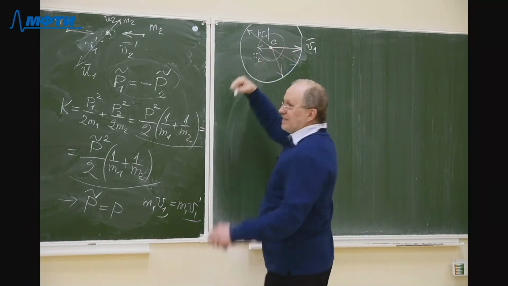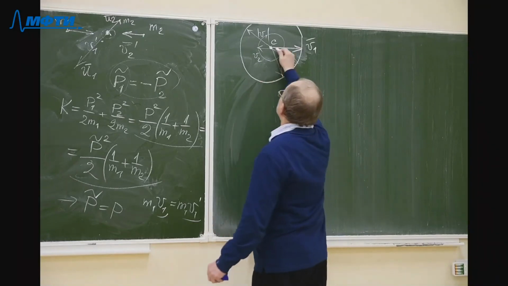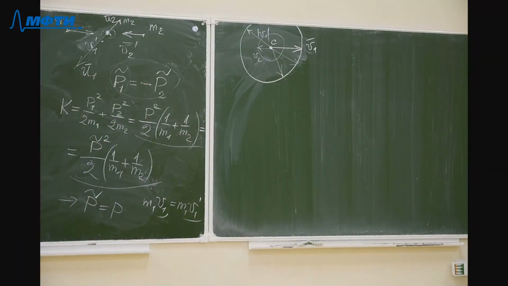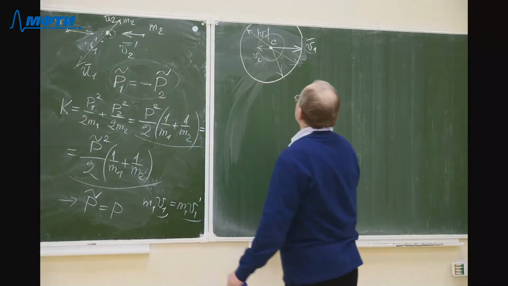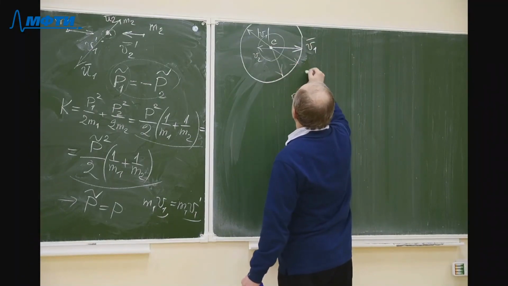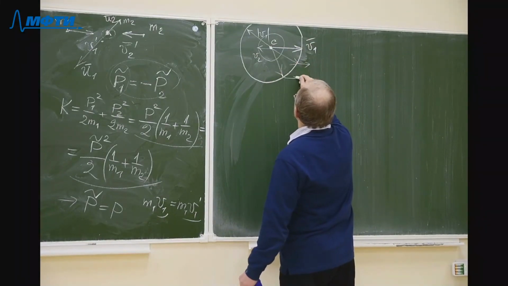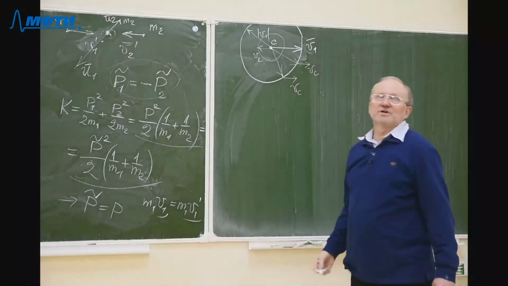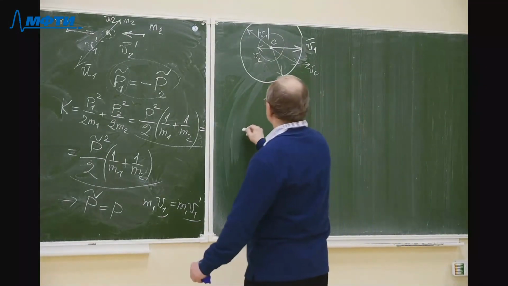Because the center of mass in the laboratory reference frame was moving, here it is shown, the center of mass is moving with velocity VC. So if I return to the laboratory reference frame, this point will be moving, and each vector will be added to the velocity of the center of mass in order to return to the laboratory reference frame. What will happen then?